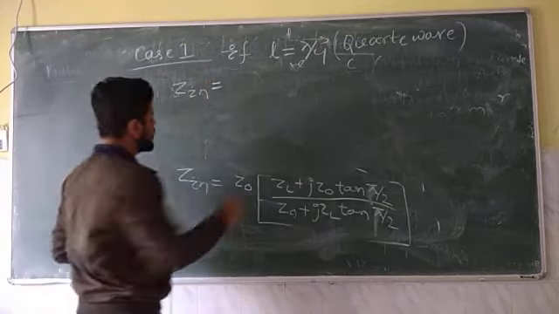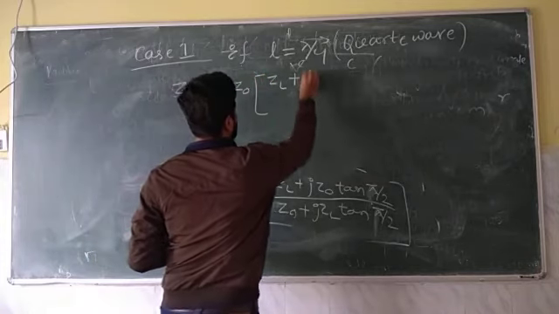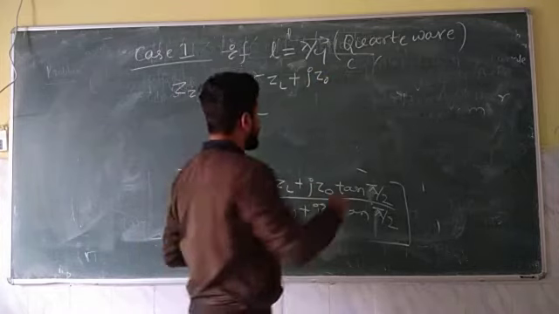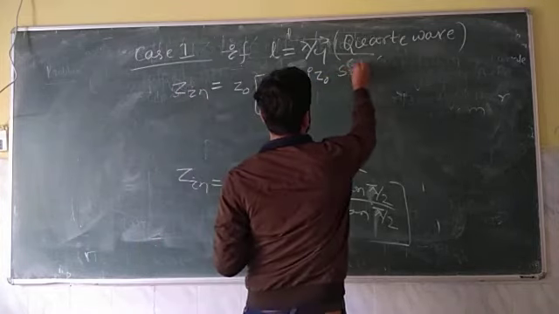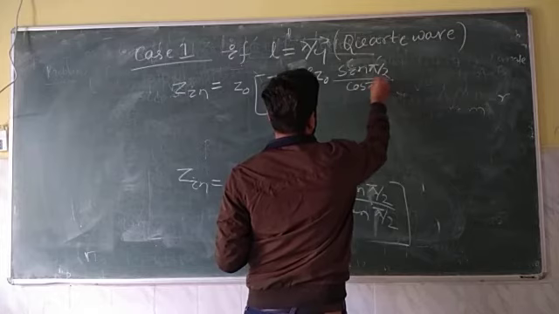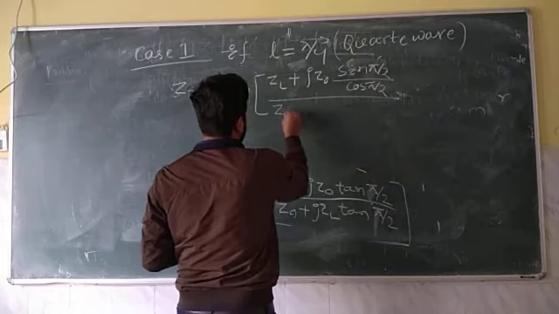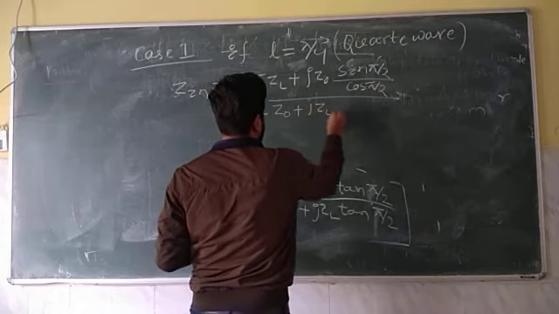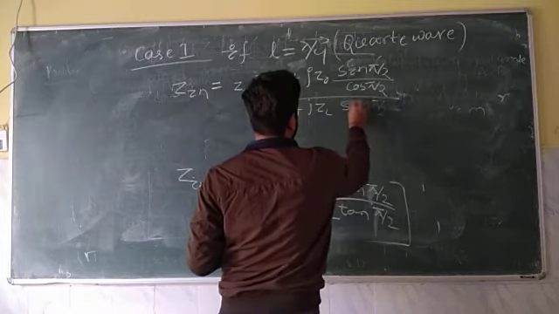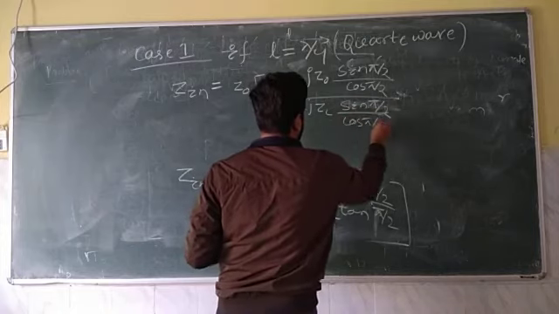Zin is equal to Z0 times (ZL plus jZ0 tan pi by 2, meaning sin pi by 2 by cos pi by 2) divided by (Z0 plus jZL tan pi by 2, meaning sin pi by 2 by cos pi by 2).